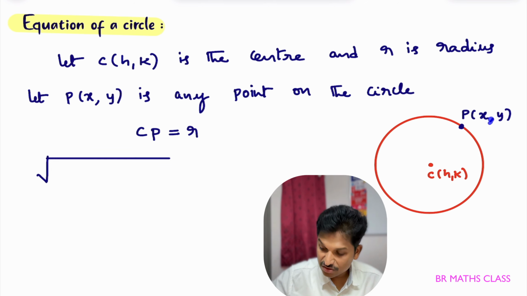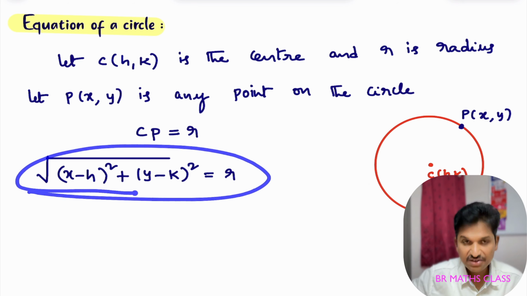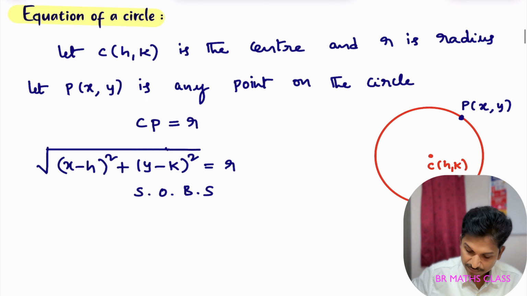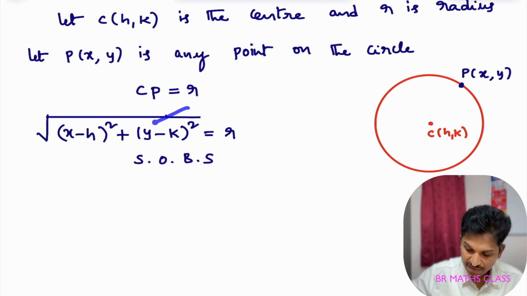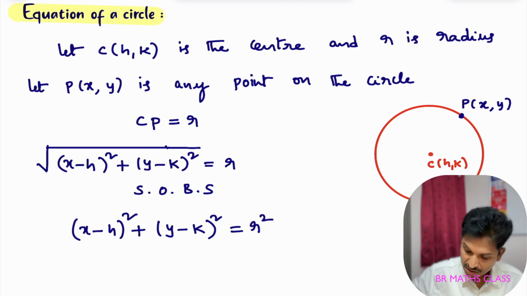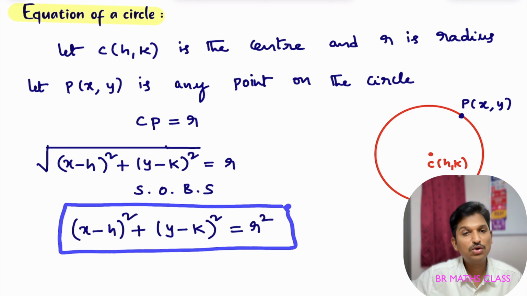Root over x minus h whole square plus y minus k whole square equal to r. Now here the square root is there, so to avoid this square root, I'll square this equation on both sides. If I square on both sides, the left side root will get cancelled and on the right side you will get r square. You see here, x minus h whole square plus y minus k whole square equal to r square.